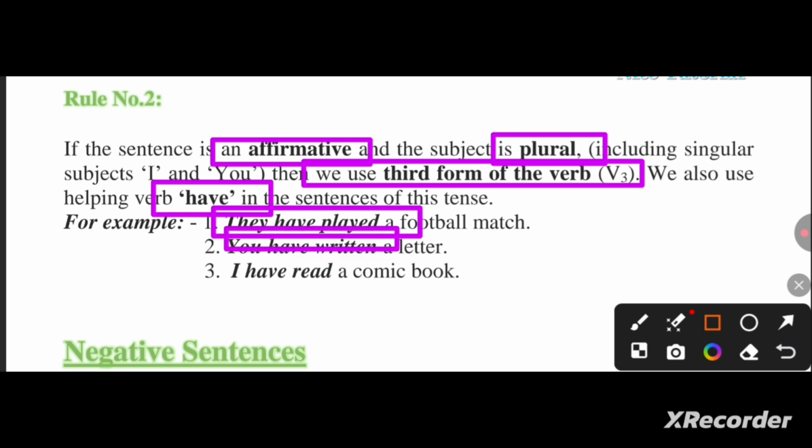You have written. Similarly, I have read, because third form of read is the same. Read, read. Spellings are the same, but the pronunciation changes. We call it read, even though the spelling remains the same. But we have to use the helping verb have with the singular subject I.